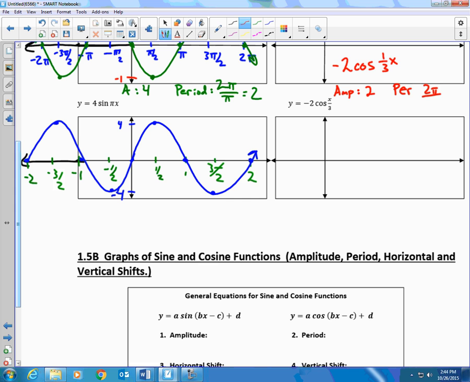Isn't x over 3 the same as 1/3 x? The number in front of x is 1/3. See that? So it's 2 pi divided by 1/3.